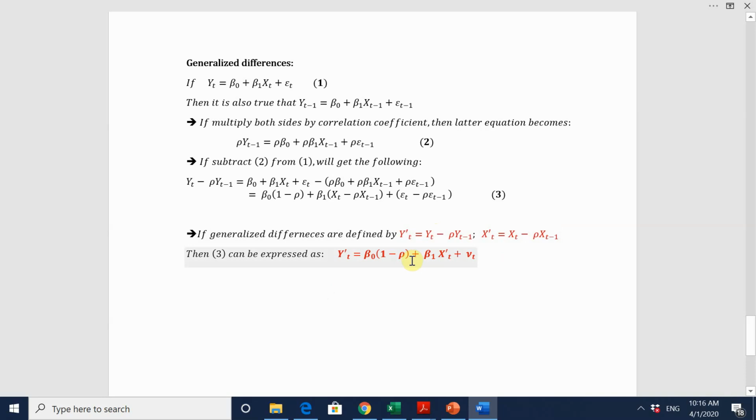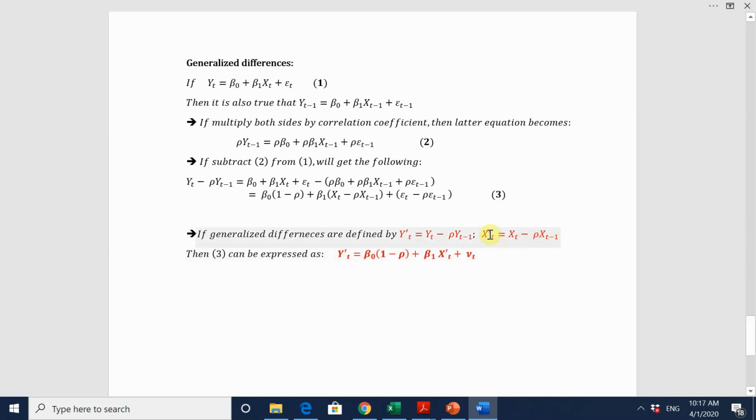When there is serial correlation and rho equals 1, the other extreme, this part of the generalized difference equation becomes 0, and I have a perfect first order difference.